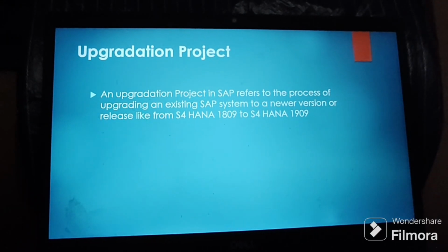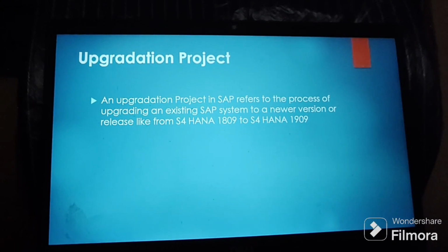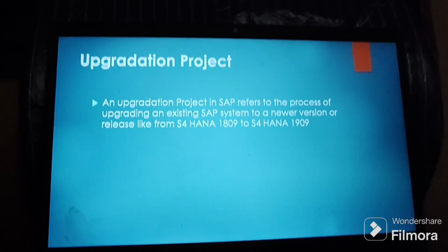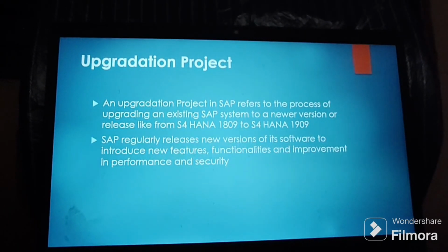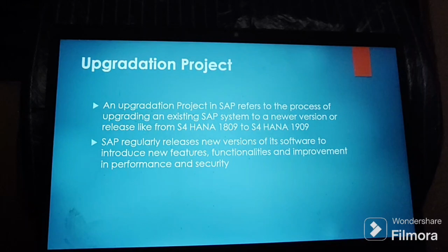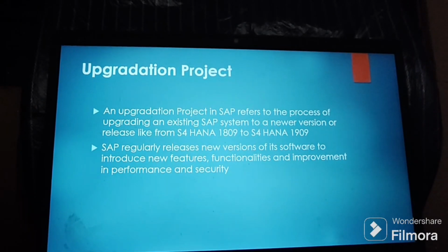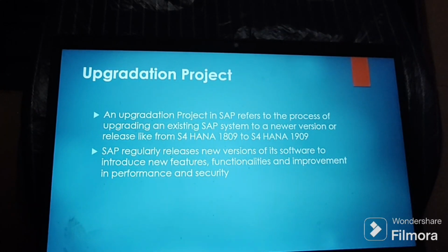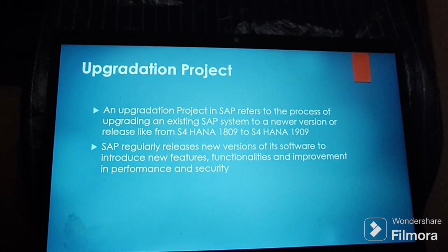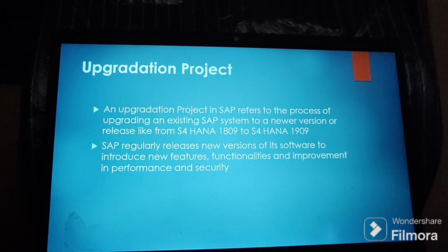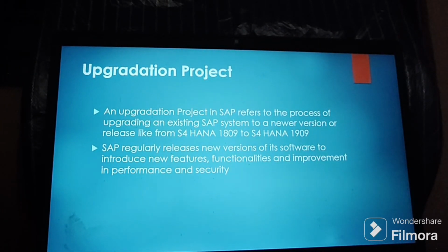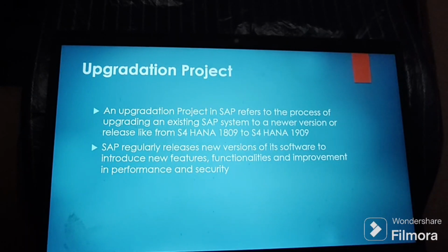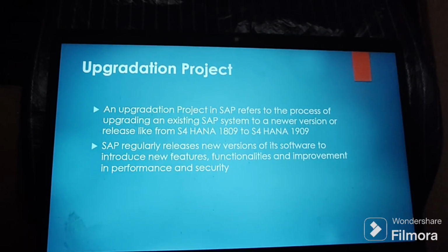The database is the same, and it is upgrading to the new version. Some software update, we can say, every year or at some regular intervals. SAP releases the new versions of its software, so that some new features and functionalities are improved, and it also provides better performance, and there will be an improvement on the security side also.